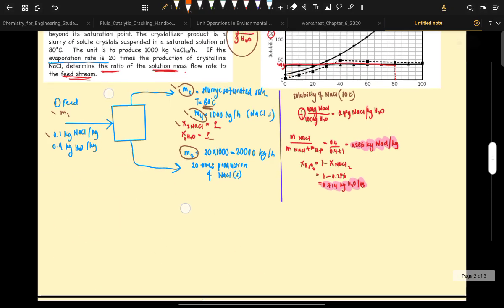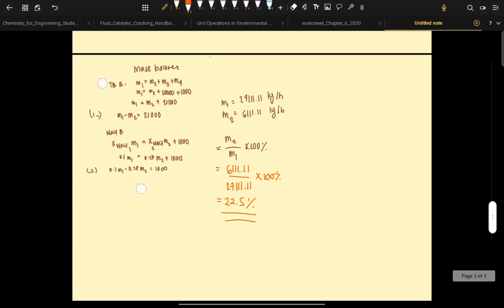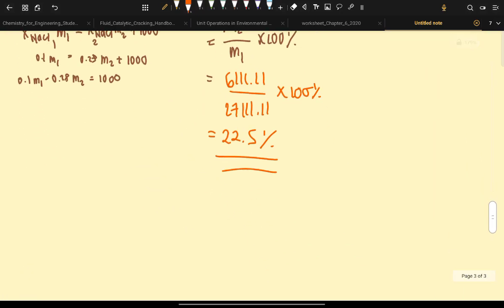Basically, utilize all your information given, and you can mix and match the hints given by the question and the graph itself, and you can relate with the mass balance, and you can find the answer lastly. So this is your answer, 22.5%.